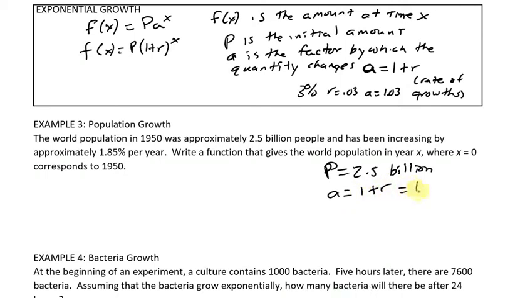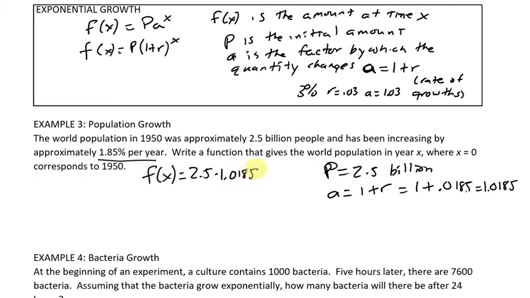So we change that to a decimal, and A is 1.0185. And so my function would be f of x equals 2.5 times 1.0185 to the x power, and x of course is in years.